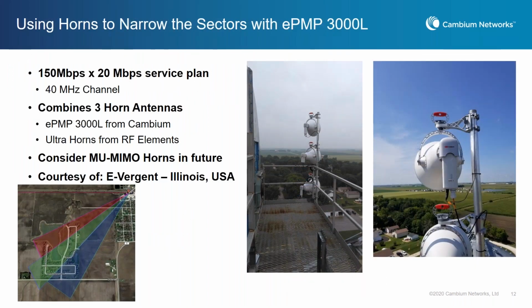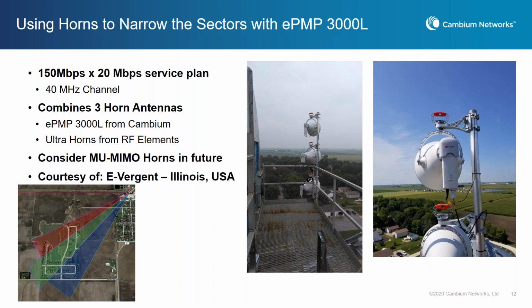Here's an example of one of our customers, a wireless service provider just near our headquarters in Chicago, Illinois. It shows an example of how they're using three sectors, or three horn antennas, and minimizing the sector width, because you can see in the picture on the lower left, the homes that they're reaching are all within that sort of area, but they want to offer very high capacity.